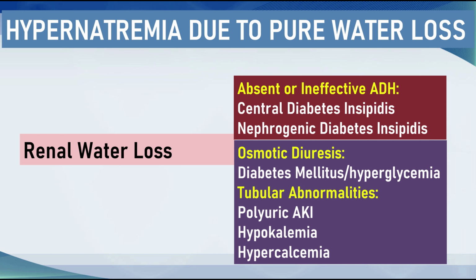Renal water loss also occurs where the tubules are dysfunctional, and you'll see this after acute kidney injury where patients become polyuric inappropriately. It's seen with hypokalemia due to destruction or damage to aquaporin channels, and we also see it in a similar manner with hypercalcemia.